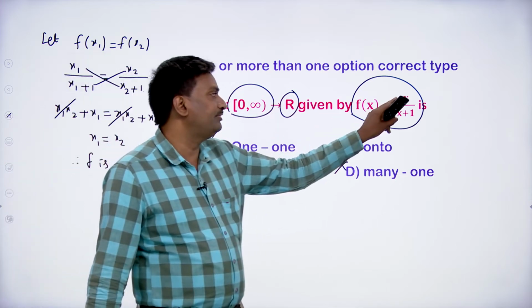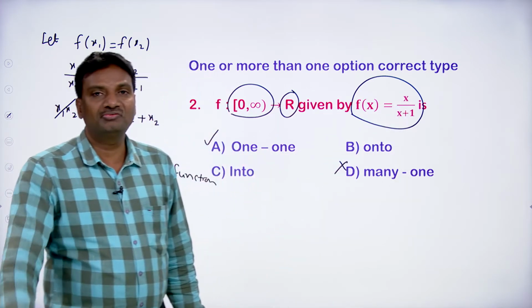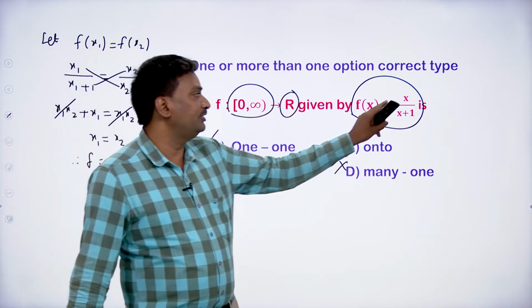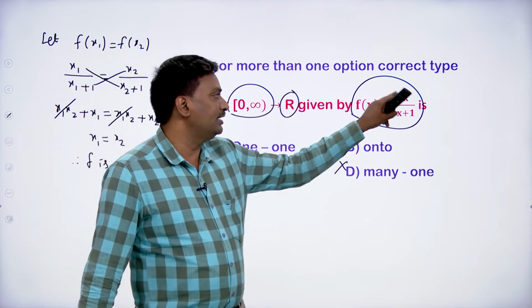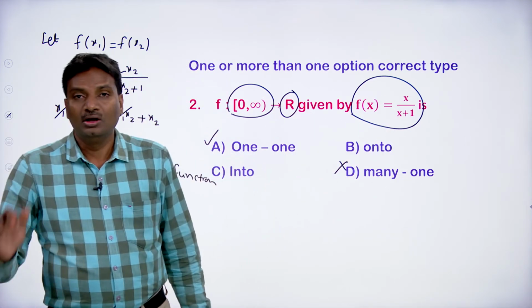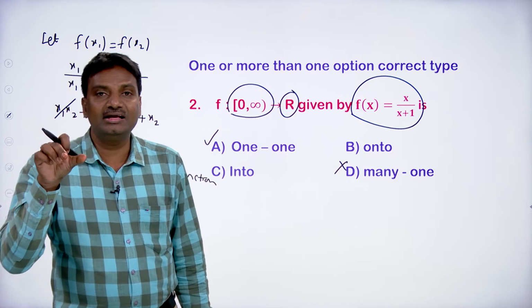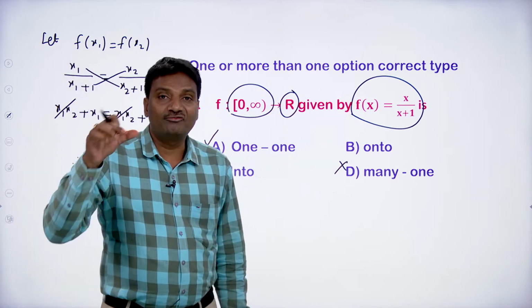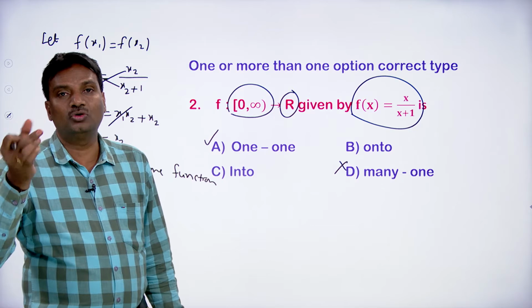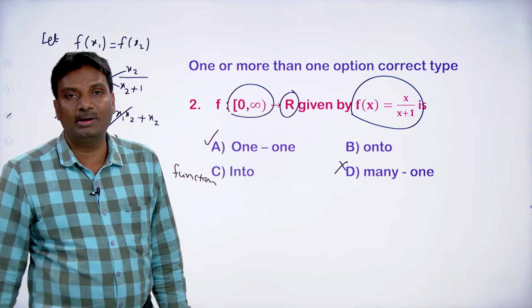In place of x, if you take 0, 0 by 0 plus 1 is 0. If you take 1, 1 by 1 plus 1, that is 1 by 2. If you take 10, 10 by 10 plus 1 is 10 by 11. So by taking all positive real numbers, we are getting f of x also lies between 0, infinity.